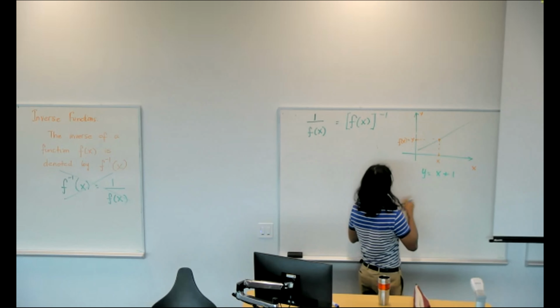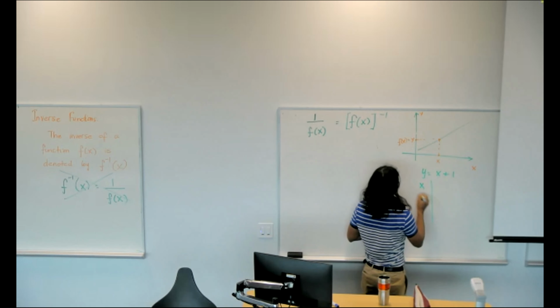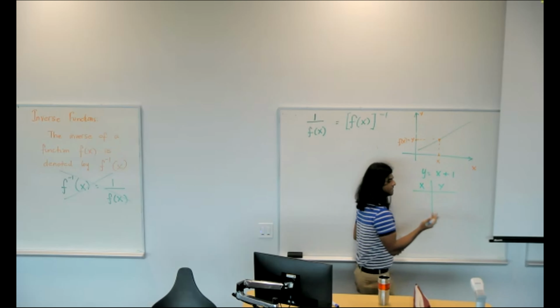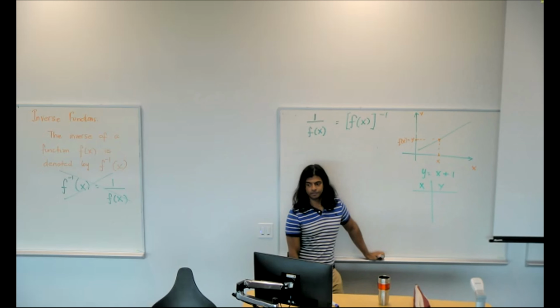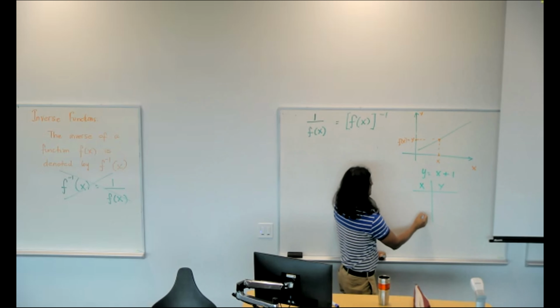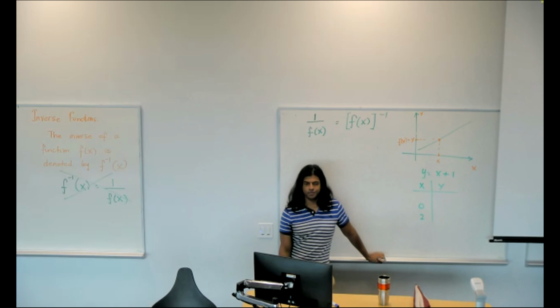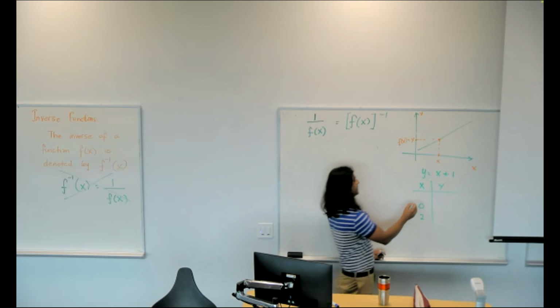Let's take a bunch of x values. Give me an x value between -5 and 5. 2. Okay. Give me a value between -5 and 0. Negative.